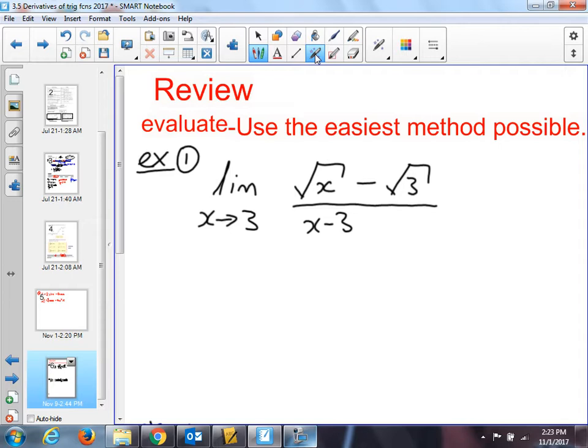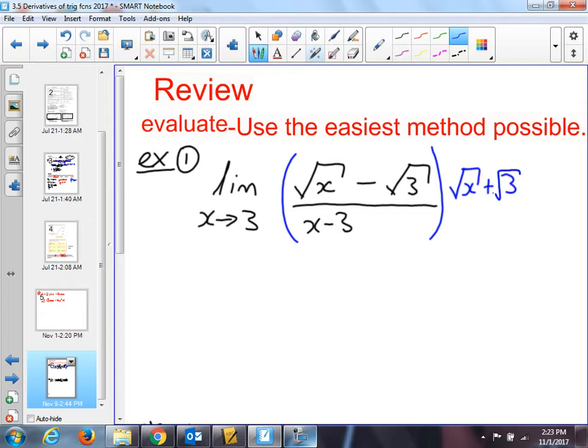I said the easiest method possible. I don't know. I actually think derivatives are easier, but if you multiply top and bottom, I'm going to go with both methods here, and we'll just compare. As you mentioned. Okay, so this is the one method you mentioned, right? What do we get on the top? Don't multiply out the bottom.